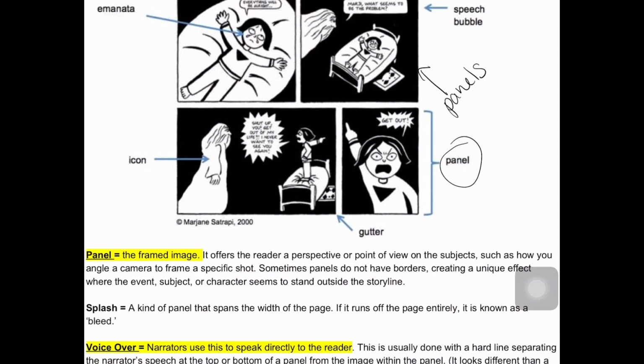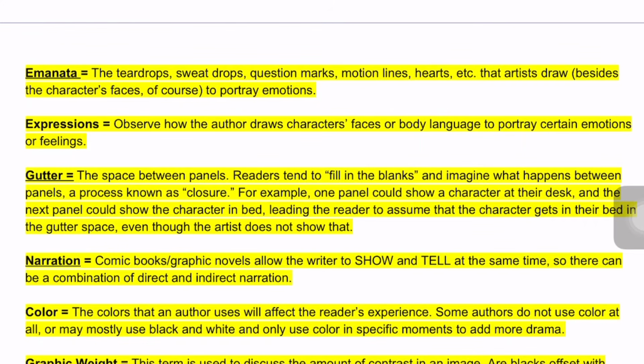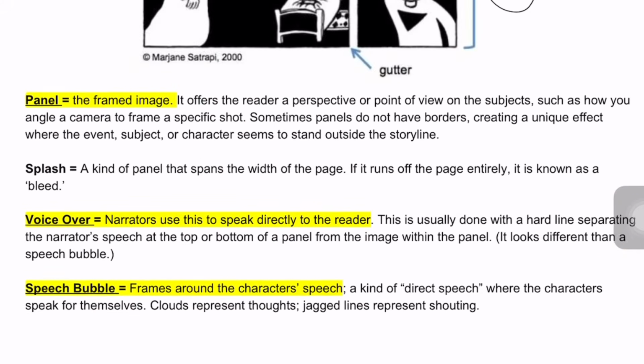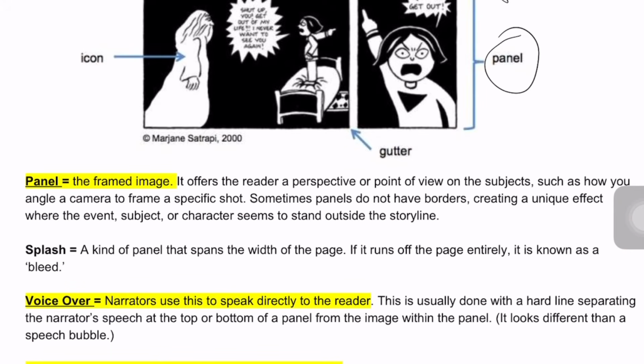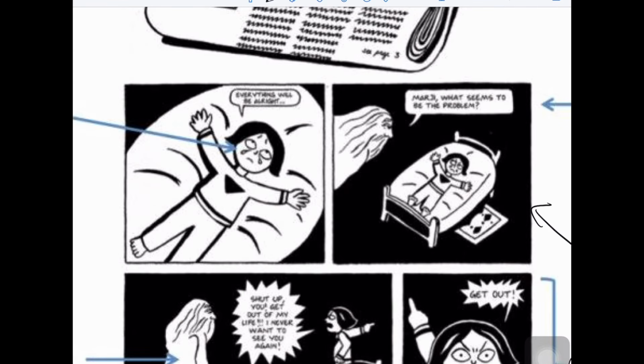Then we have something called an emanata, which is a fun word, but it's things like the teardrops, sweat drops, question marks, motion lines, hearts, anything that an artist draws besides the character's face to portray emotion. So if we go back to the top here, if you look at the female protagonist, you could see the little tears coming off of her eyes.